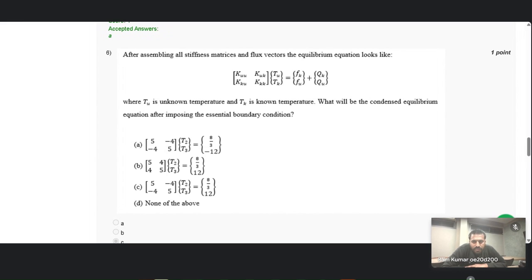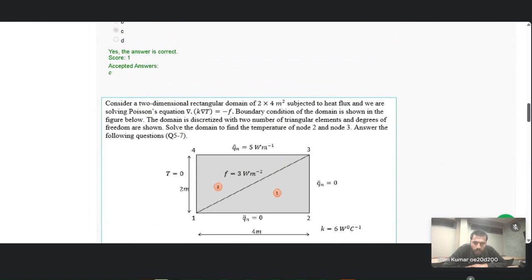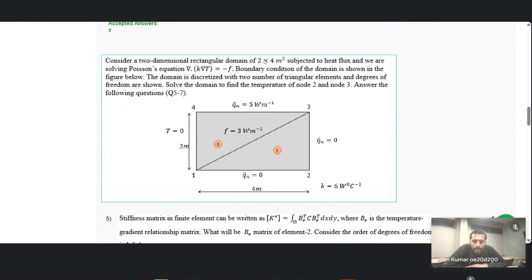Sir, I couldn't solve this question. Can you tell me what the boundary condition is? Okay, sir, I'm scrolling. Sir, this is the question.